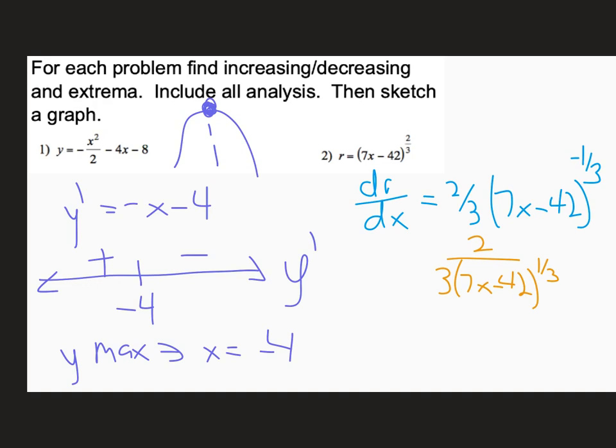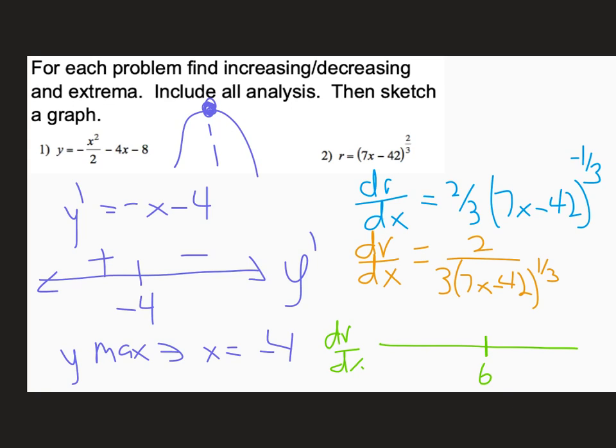And when is that equal to 0? That's 0 at 6. So that means we have a problem at 6. That doesn't mean the derivative is 0, but that does mean the derivative is undefined. That's a critical point. So this is a dr dx number line. So 6 is going to be a problem.